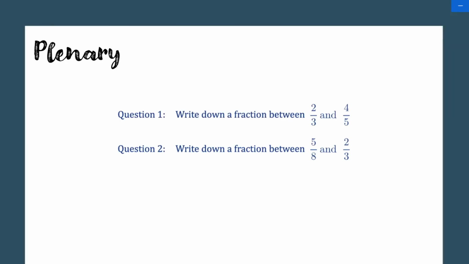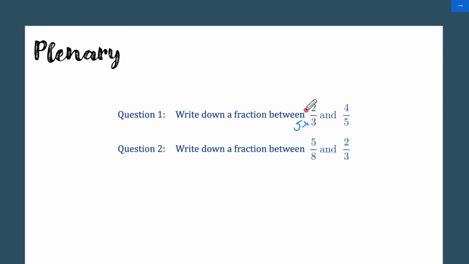And next, this is the plenary. Write down a fraction between 2/3 and 4/5. In order for us to find a fraction between these two, we need to find the common denominator. The easiest way to find a common denominator is by multiplying the two numbers, but this only works if the two numbers are very, very small.